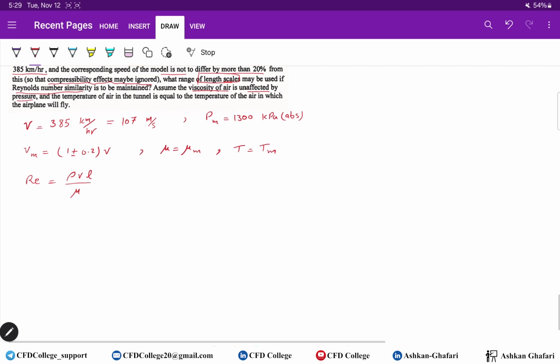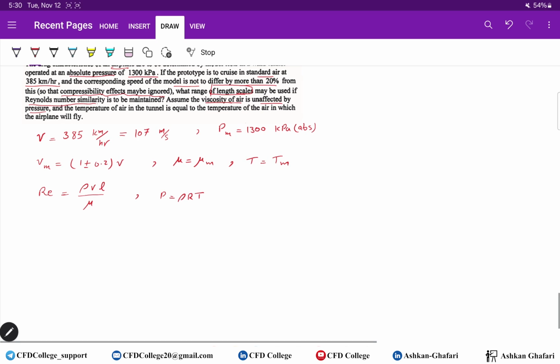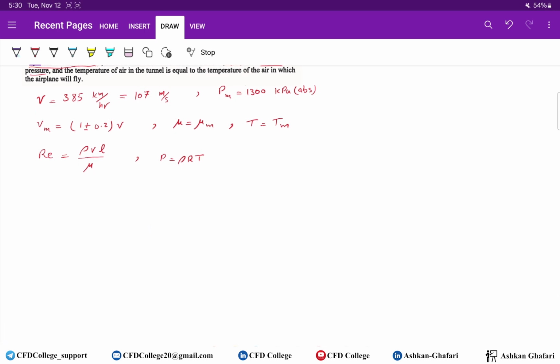Since we are working with air, we should use the ideal gas law, which tells us that P equals rho RT. So we have Reynolds number similarity.